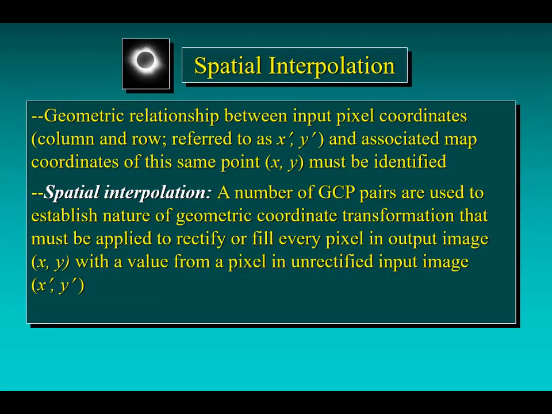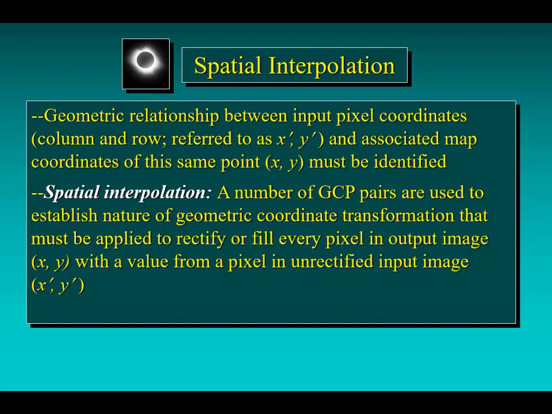Now we need to identify the geometric relationship between our input pixel coordinates, so our column and row coordinates, which we refer to here as x prime, y prime, and the associated map coordinates for that same point location, which we refer to just as x, y, right? So spatial interpolation involves a number of GCP pairs that are used to establish the nature of what that geometric coordinate transformation is.